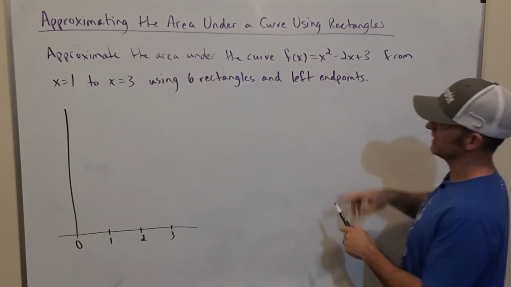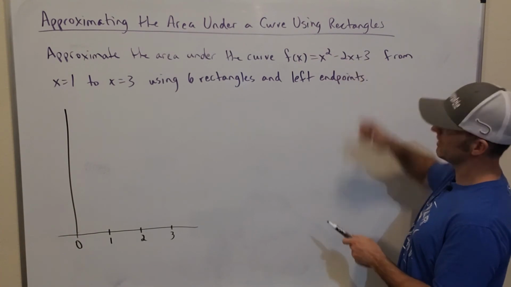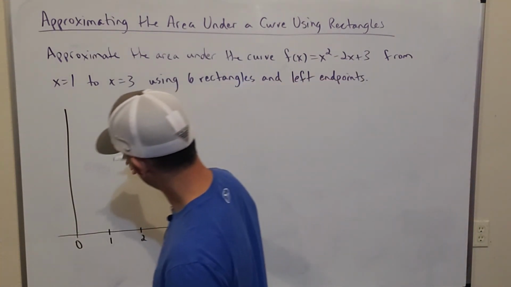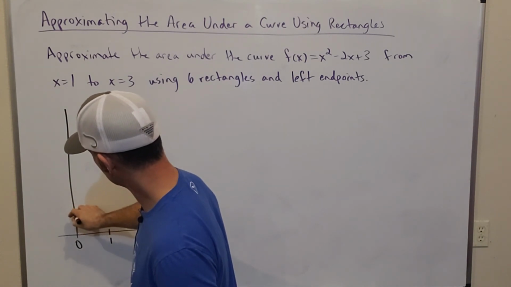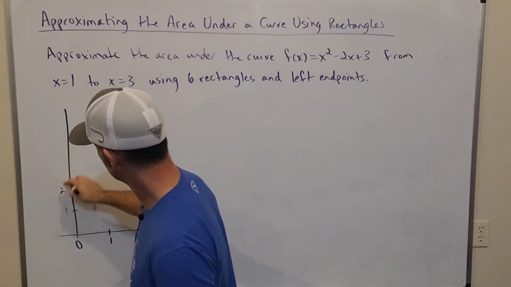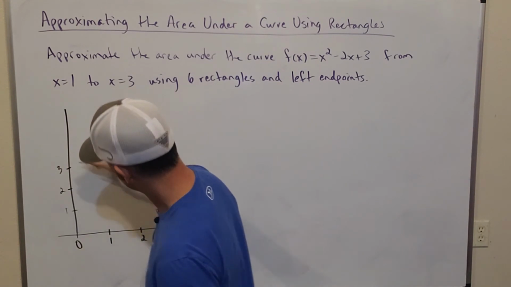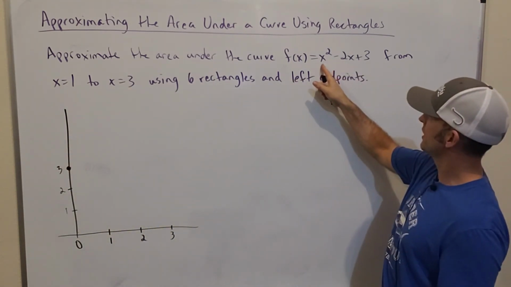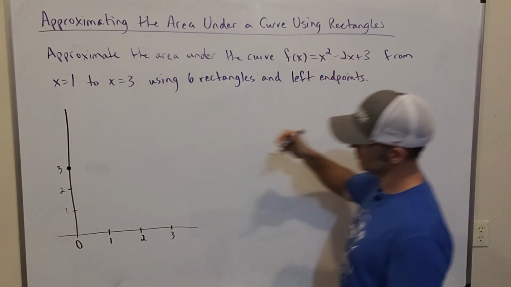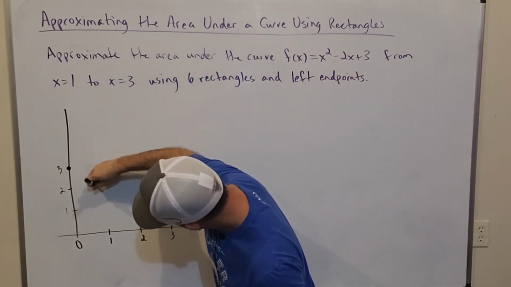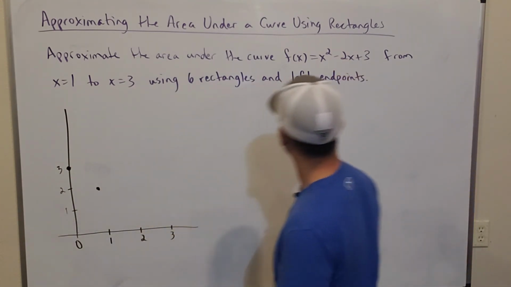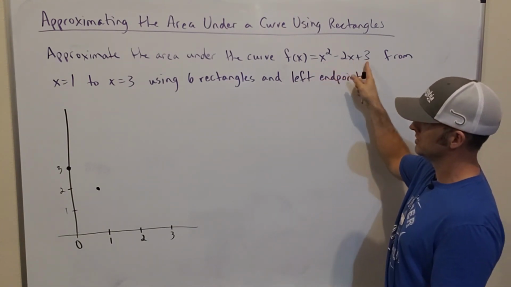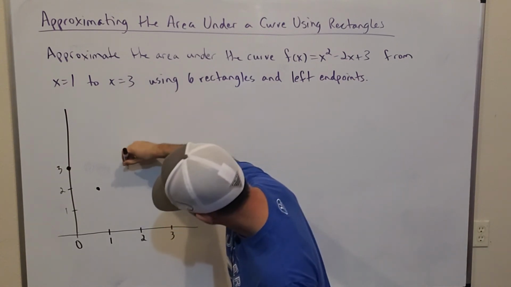So if we plug in 0 for x, the y value is 3, which is up here. If we plug in 1 for x, we get negative 1 plus 3, which is 2. If we plug in 2 for x, we get 4 minus 4, which is 0, plus 3.